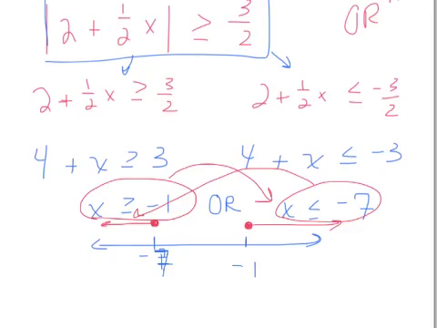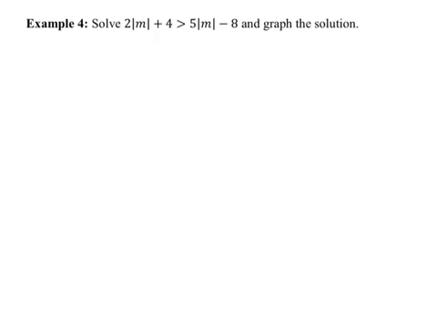Let's take a quick look at the beginning of number 4 just to start you off. Example 4 says solve 2 times the absolute value of m plus 4 greater than 5 times the absolute value of m minus 8. The reason I'm doing this problem is to remember that absolute value of m can be treated like any other variable as long as you have like terms.